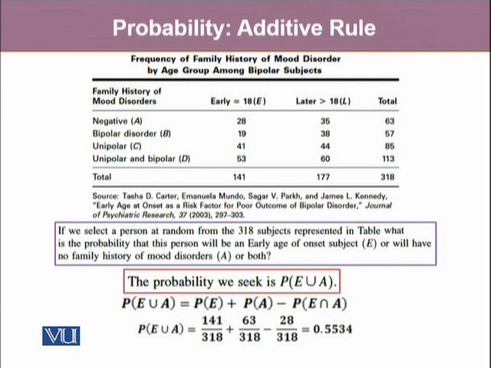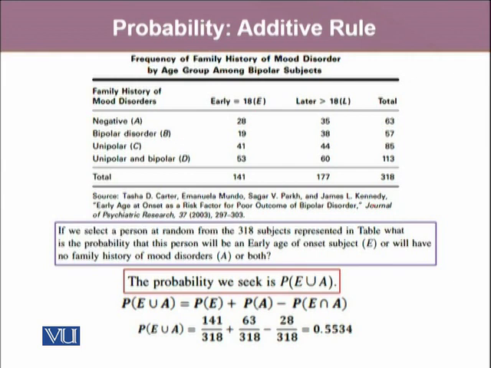For these events, if we want the probability of event E or event A, we write it as the probability of E union A. The probability of E union A equals the probability of E plus the probability of A minus the joint probability. It turned out to be 0.5534. Hence, there is a 55.34% chance that a person will be an early onset, or will have no family history of mood disorder, or both.